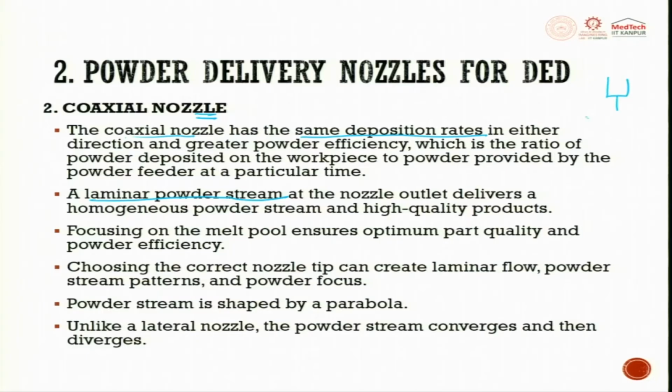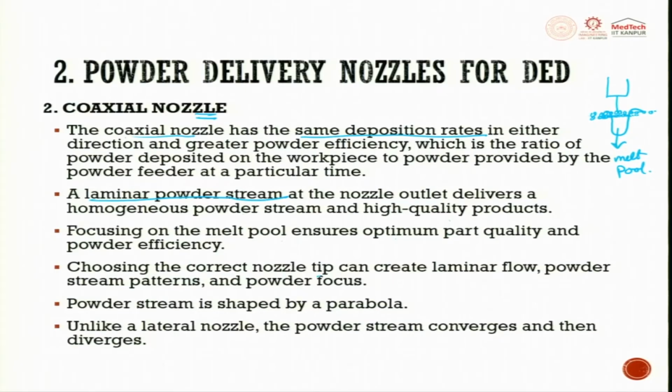When the laser hits, you will have some amount of melting which happens. So this is called the melt pool. Okay. So nozzle outlet delivers a homogeneous powder stream and a high quality product. Focusing on the melt pool ensures optimum part quality and powder efficiency.